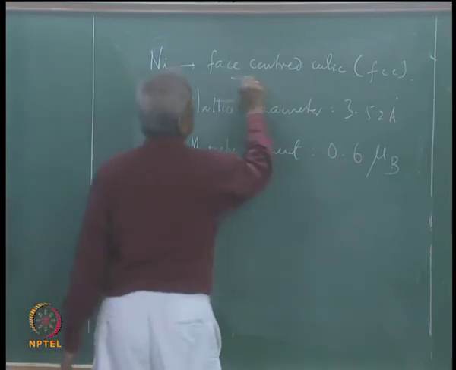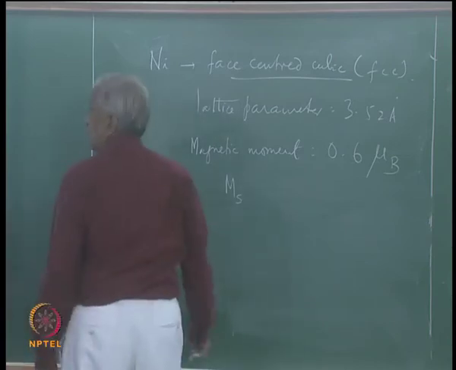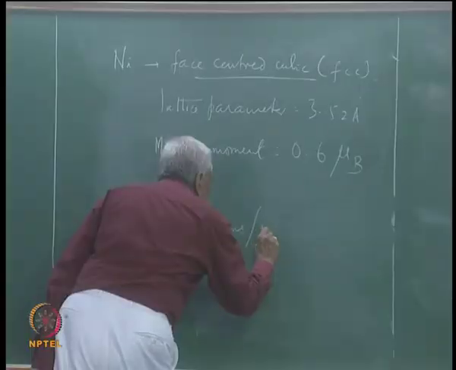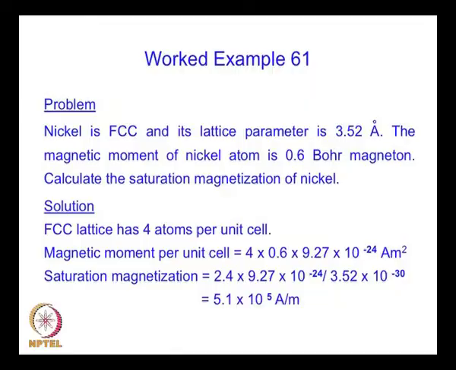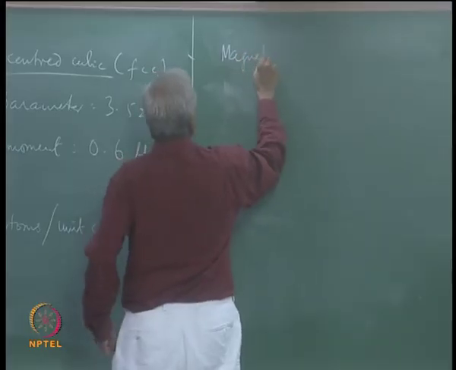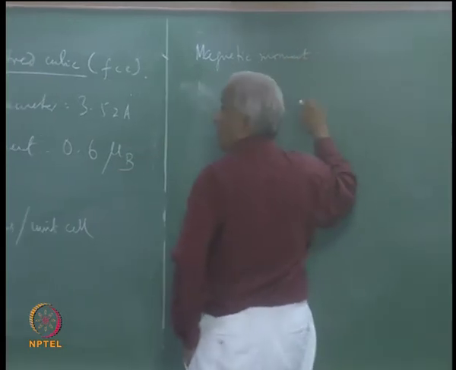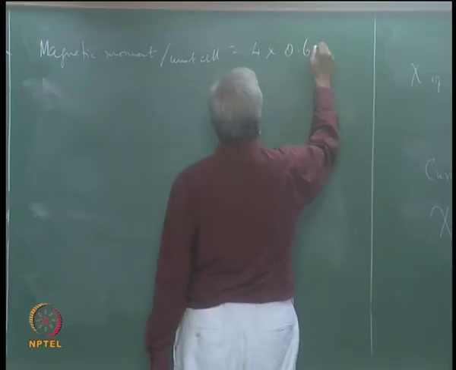For this, we start from the fact that it is a face centered cubic structure. So, it has 4 atoms in the unit cell. We are told that the magnetic moment per unit cell, since there are 4 atoms, is 4 times the magnetic moment of one nickel atom, which is 0.6 Bohr magnetons.